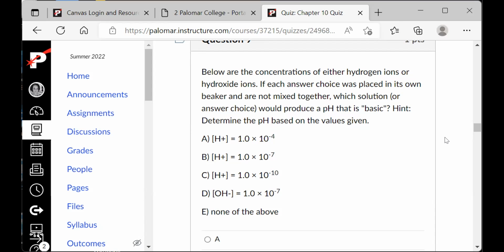Letter D is hydroxide. So for getting the pH on letter D, you need to do 1 times 10 to the negative 14 divided by that number, which is going to be 1 times 10 to the negative 7. So D and B are the same answer.